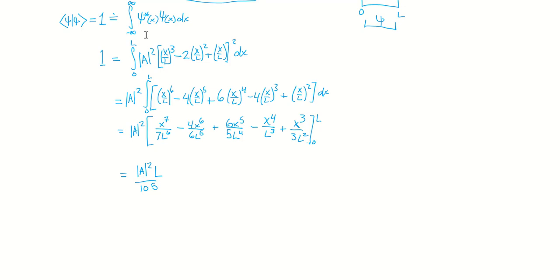This all equals 1, which means that our normalization constant is going to be the square root of 105 divided by the square root of L, or written a little neater, the square root of 105 over L.